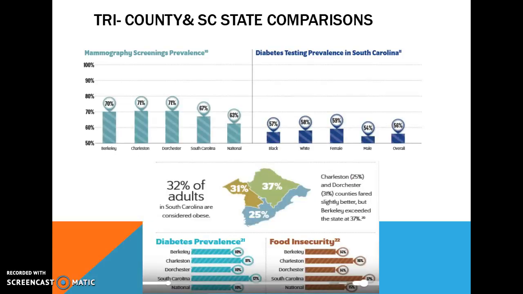I also did a tri-county and state comparison for the percentage of people that actually receive mammograms and preventative screenings such as diabetes, and you can see that it's a substantial amount of people that do not receive those preventative measures.